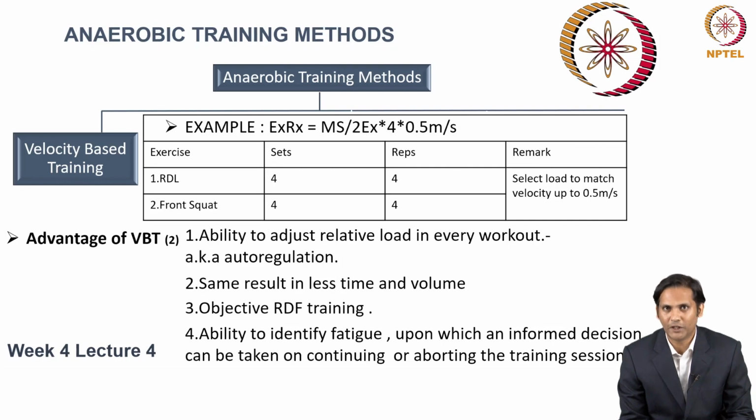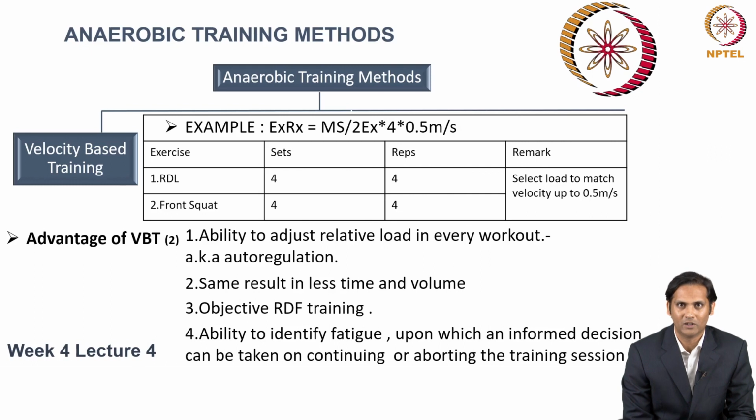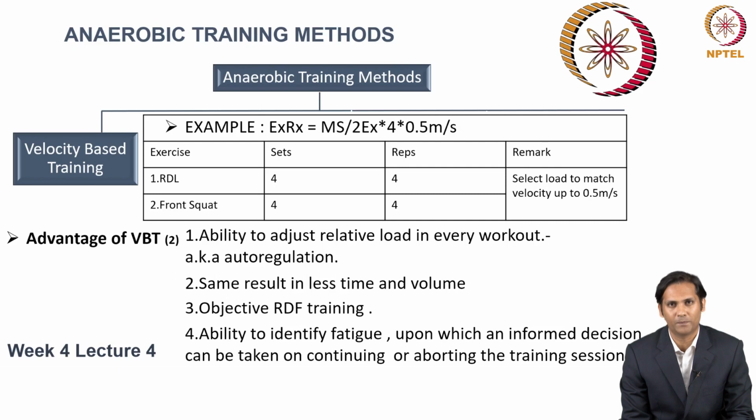You come in week 2 and you use the same load, but you are not able to maintain the velocity of movement and you are much lower in speed. So in the earlier week you were able to perform at 0.5 meter per second, but in week 2 you are able to perform at 0.2 meter per second. Now this represents fatigue in your neuromuscular system, and this is possible using a VBT device. In this scenario, you may choose not to continue the workout because there is fatigue.